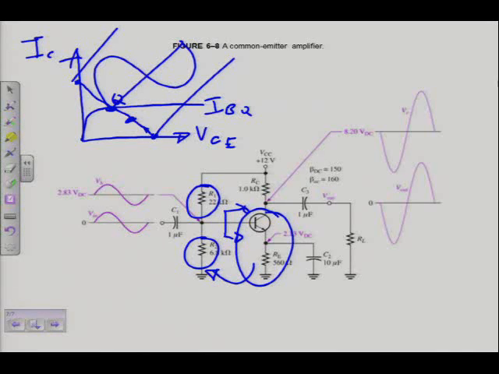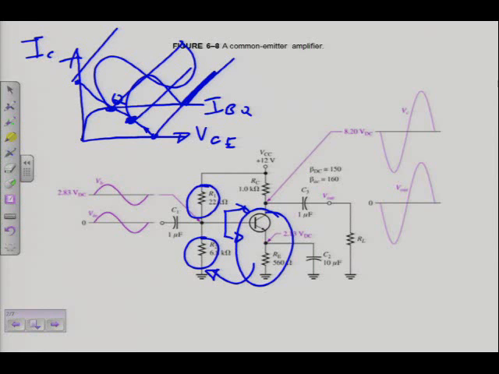Now my Q point is not in the middle anymore, it's down here. What's going to happen? My signal is going to go into cutoff and I have distortion. That is why you work out R in the base first and check if the circuit is stiff or not stiff. Does it make sense? Perfect sense, I would say.